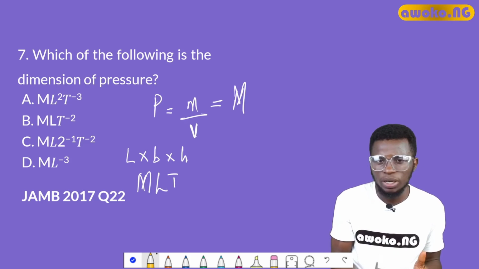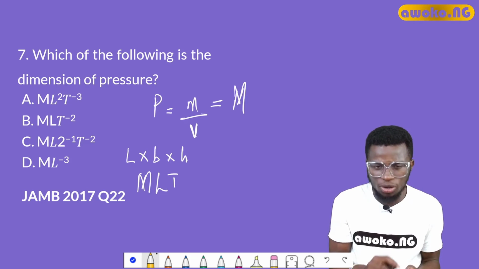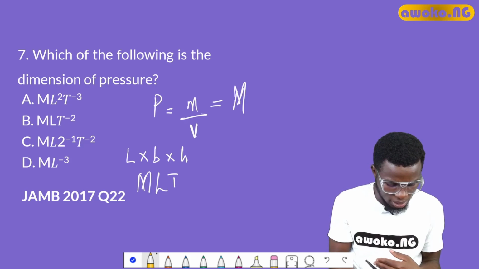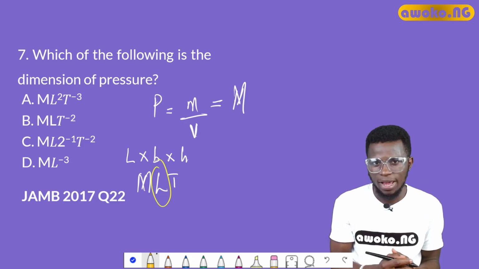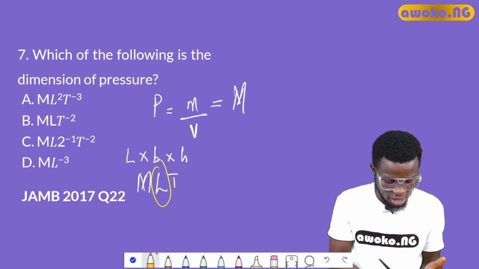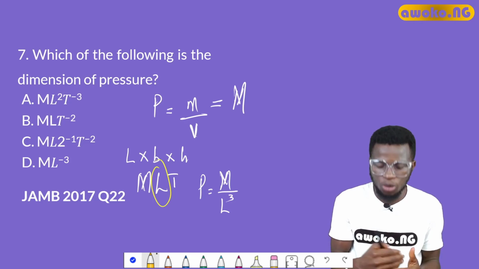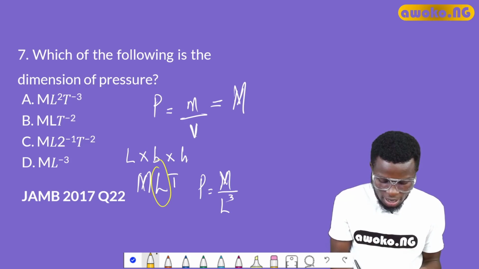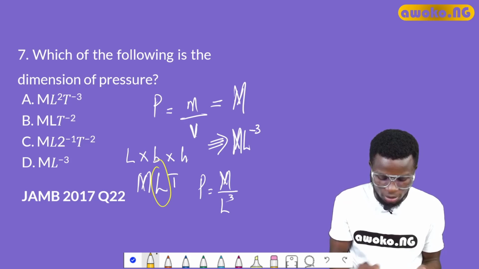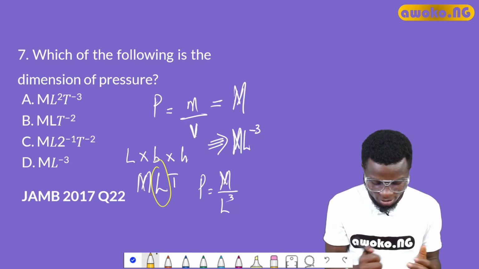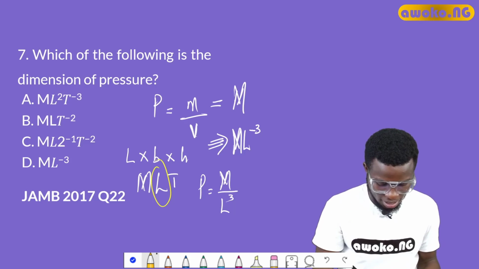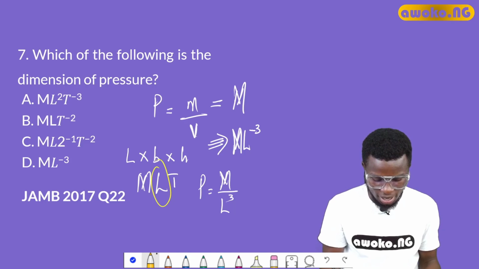Since length, breadth, and height measure linear distances, we can relate them to L. Therefore, pressure is equal to M over L raised to power 3. From the law of indices, we can say that it is equal to ML raised to power minus 3. That gives us our final answer.